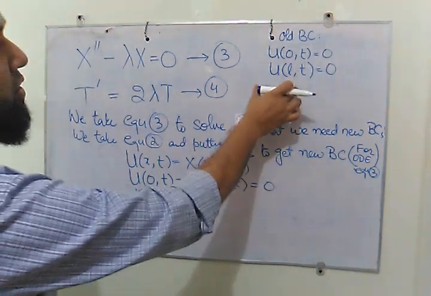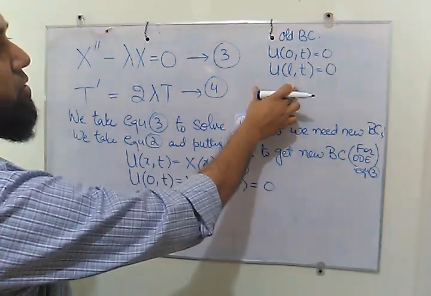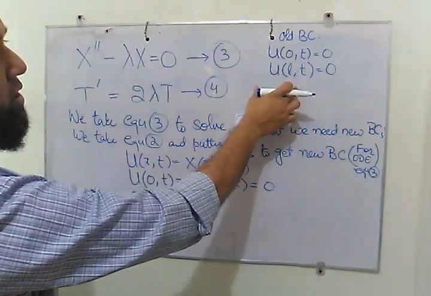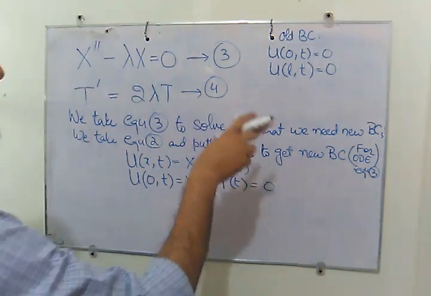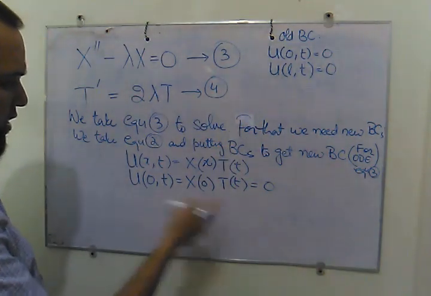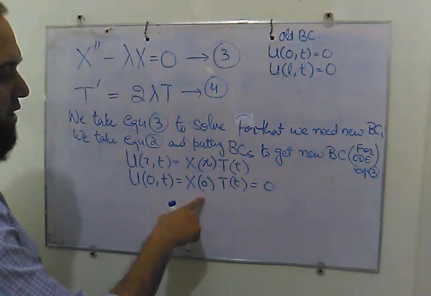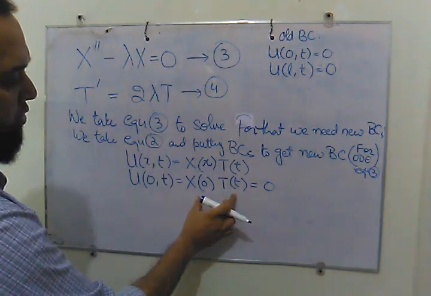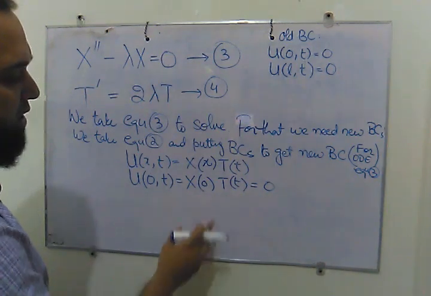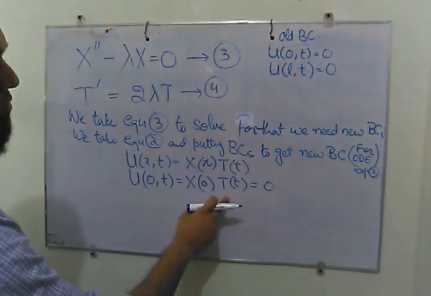The physical condition for this boundary condition is that we keep the temperature constant at 0 on the boundaries of our one-dimensional object, which is a rod or a bar. So the product of 2 variables is equal to 0, which means that one of them must be 0.